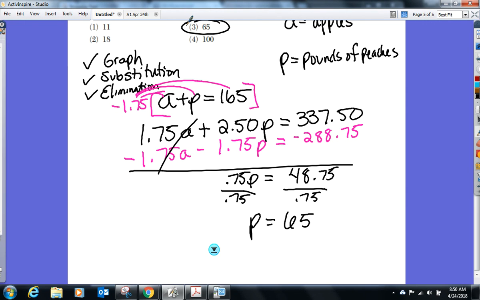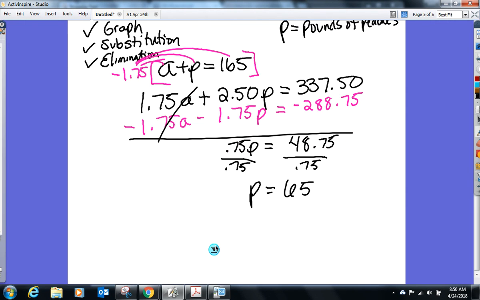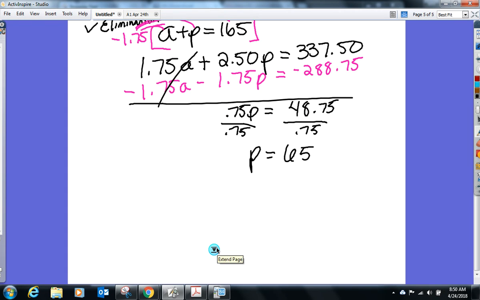Okay, substitution. You were solving for P, right? So I would take this one right here, Marco, the first one we created. If you're solving for P, I would move the P over. How'd you move the P over?